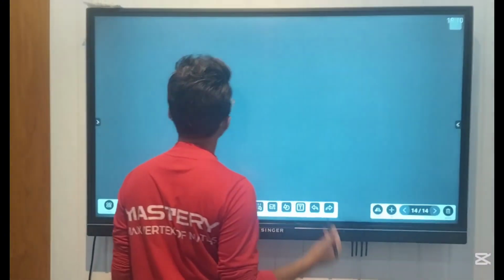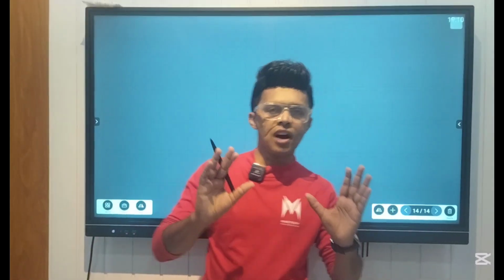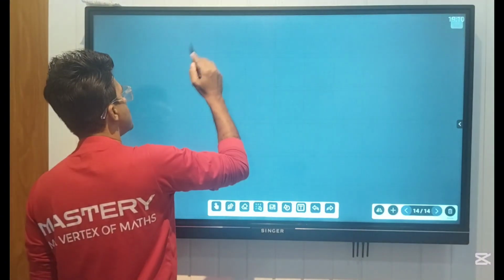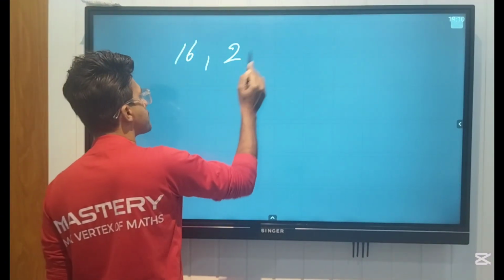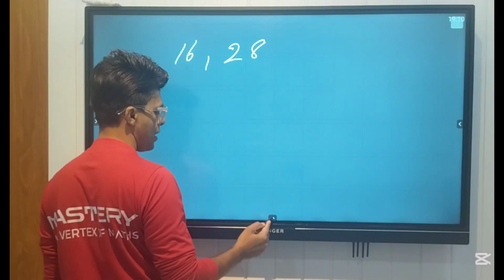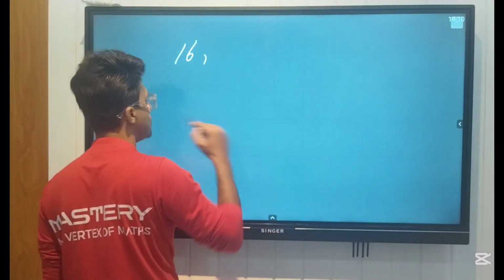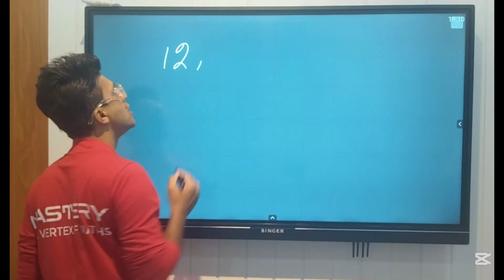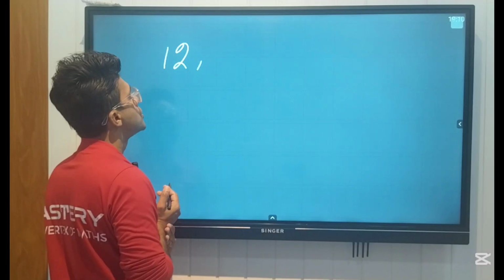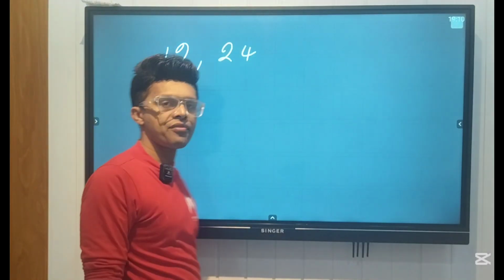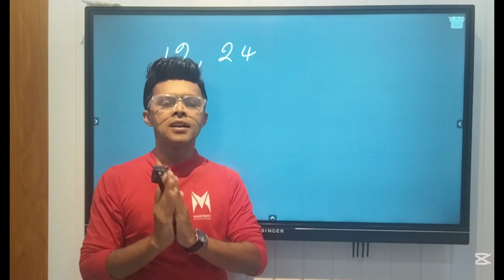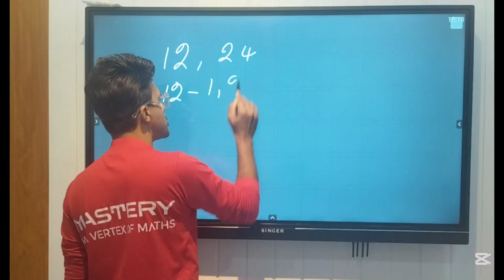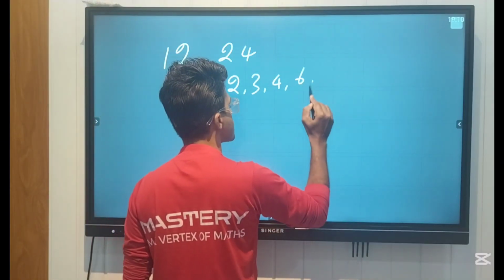So this is a way of getting the HCF of given numbers by considering factors. Now let's take 12 and 24. Let's find the HCF of 12 and 24 considering factors. The factors of 12 are 1, 2, 3, 4, 6 and 12.